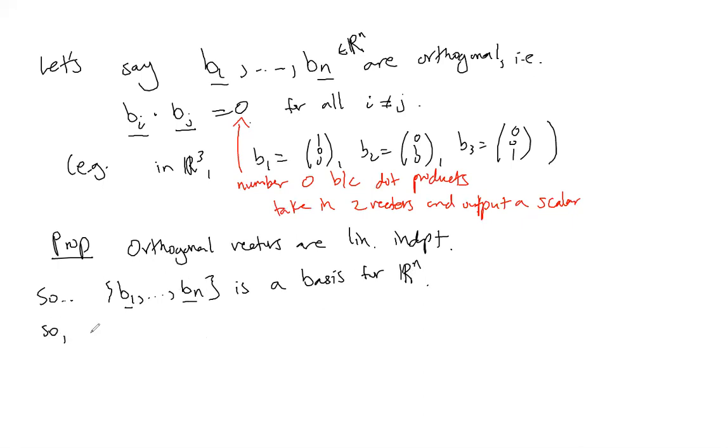So if x is in Rn, then because B1 through Bn is our basis, we can write x as a linear combination of B1 through Bn. Then x equals C1 B1 plus ... plus Cn Bn, for some C1 through Cn. This is what I was saying before. You have n orthogonal vectors and another vector x, and you want to write it as a linear combination of these vectors.